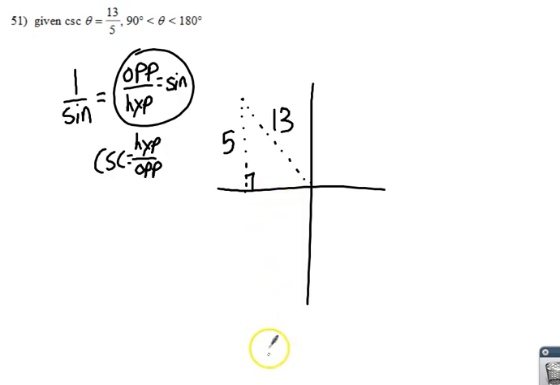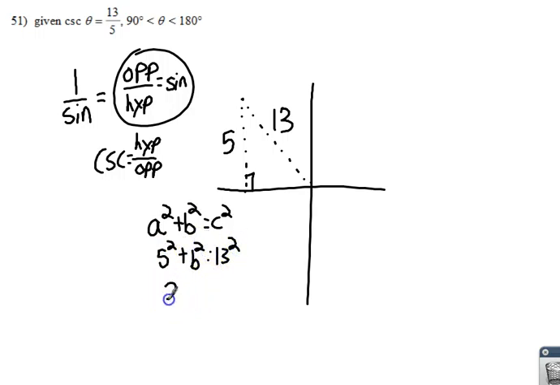Well, if you remember the Pythagorean theorem, a squared plus b squared equals c squared, I get 5 squared plus b squared equals 13 squared. That's 25 plus b squared equals 169. B squared equals 144. That means b equals plus or minus 12. And remember, since I'm over on this part, my x's are negative, so I get a negative 12 over here.